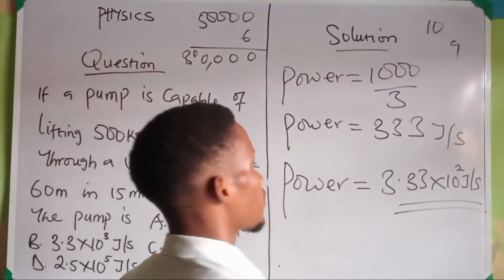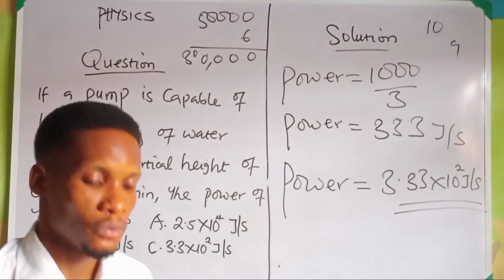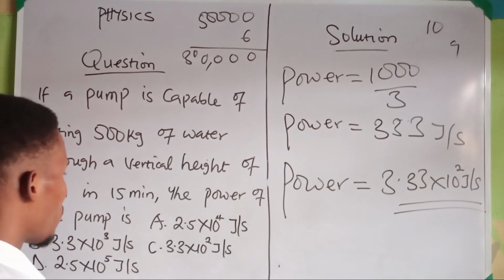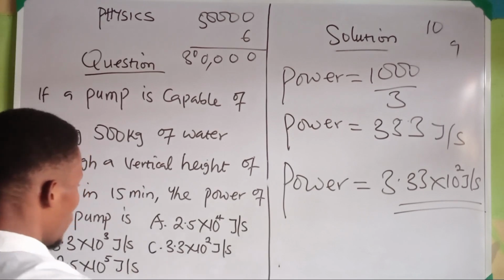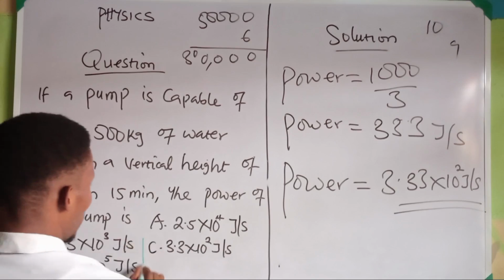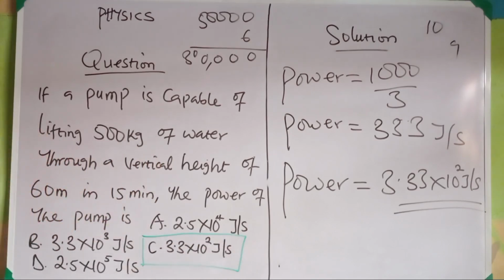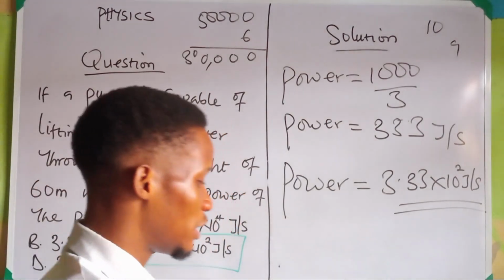This is our answer. Let's check the options and know if we got an answer that is okay. We can choose from the options that our answer here is option C. Please do not make mistakes when solving a question like this. Option C is the answer of this particular JAMB question. This is a JAMB question.